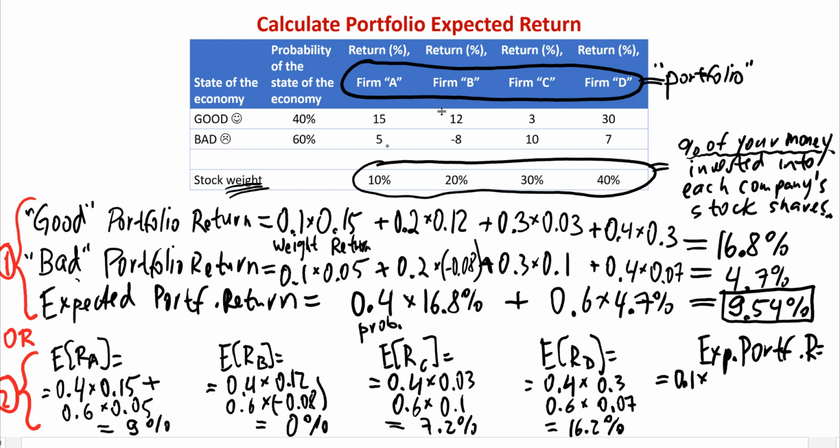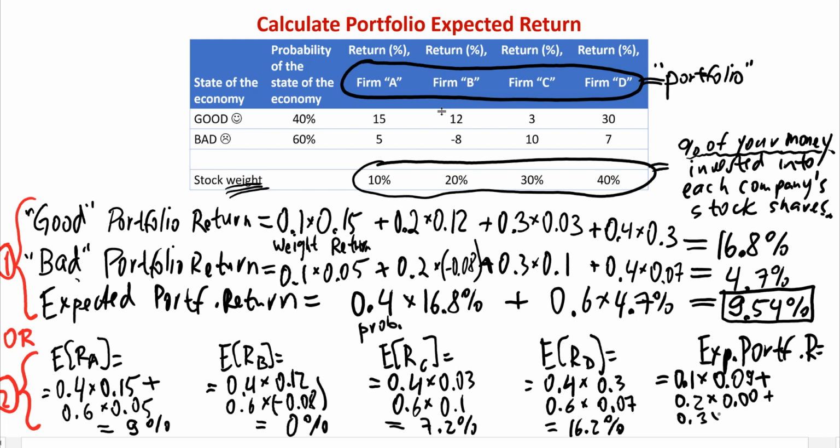So 0.1 times 0.09, plus 20%, right, of our money will grow by 0%. So let me not skip it, but keep it, 0, plus 30% of our money will grow by 7.2%.